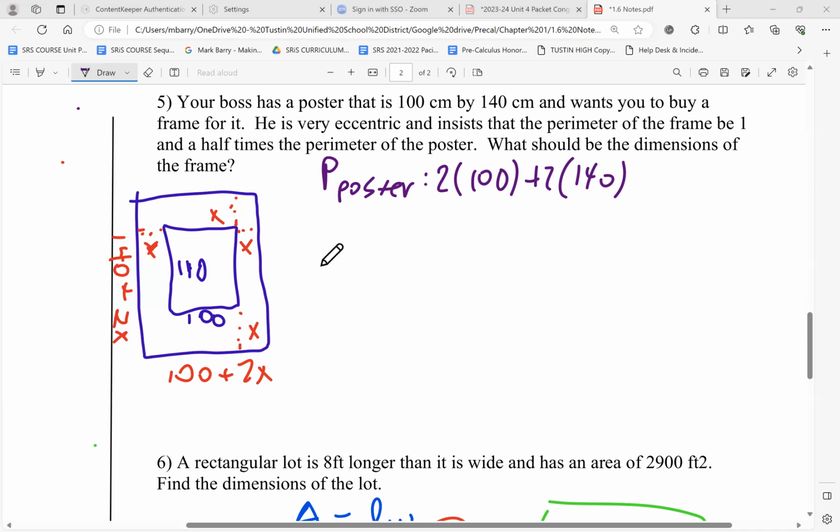All right, so 2 times 100 plus 2 times 140, that would be 480, right? Okay, so the perimeter of the poster is 480.